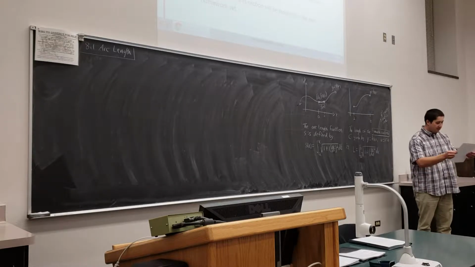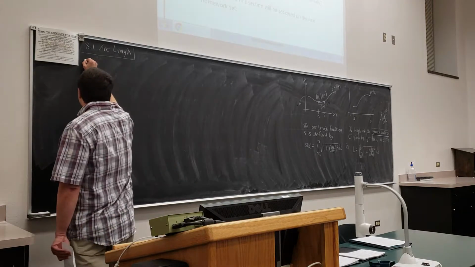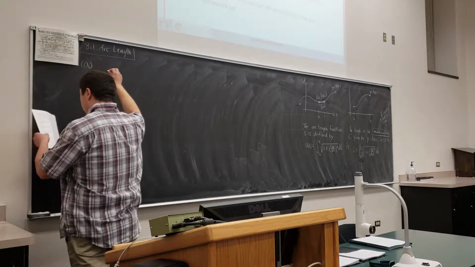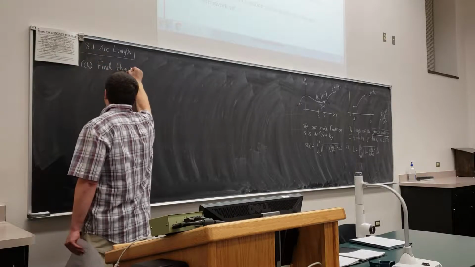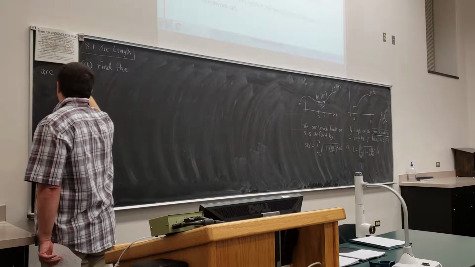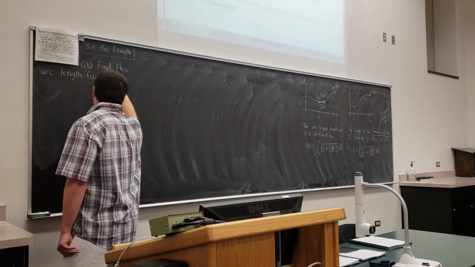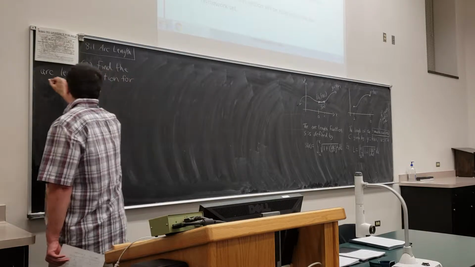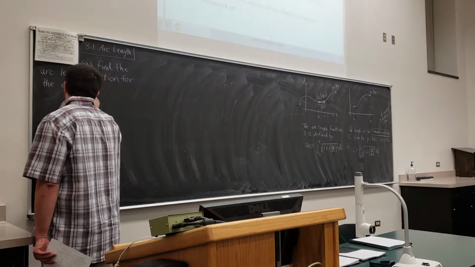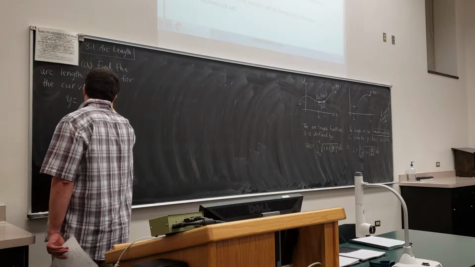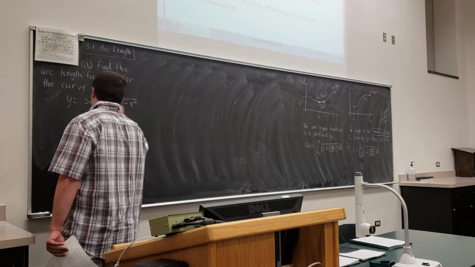So let's take a look at a particular example that makes us use this. This has 2 parts, and part A says to find the arc length function for the curve y equals sine inverse of x plus the square root of 1 minus x squared.